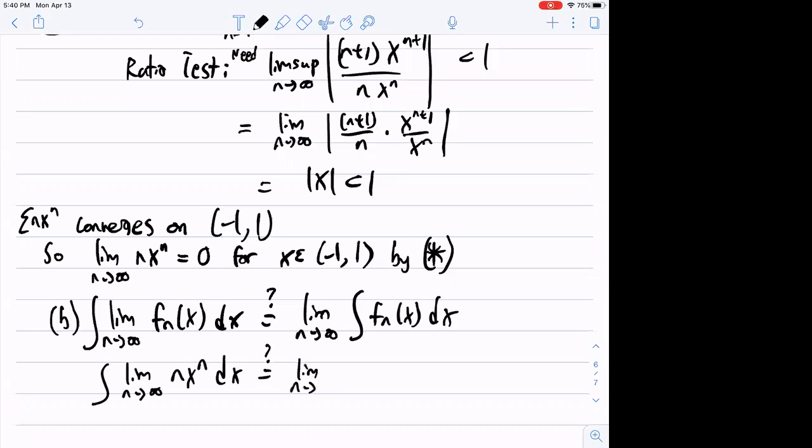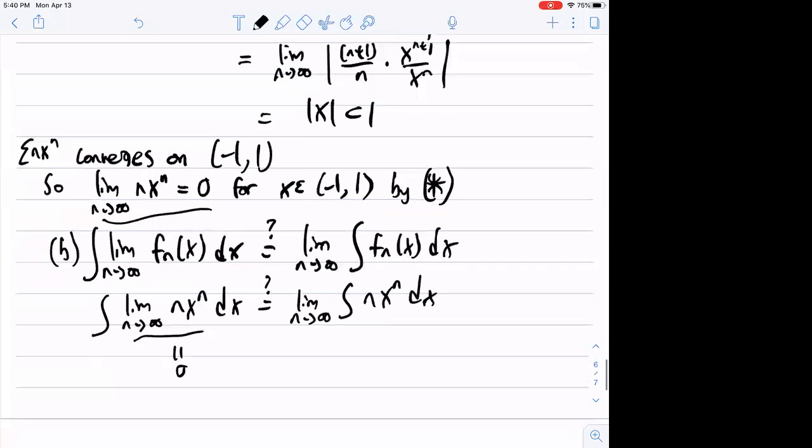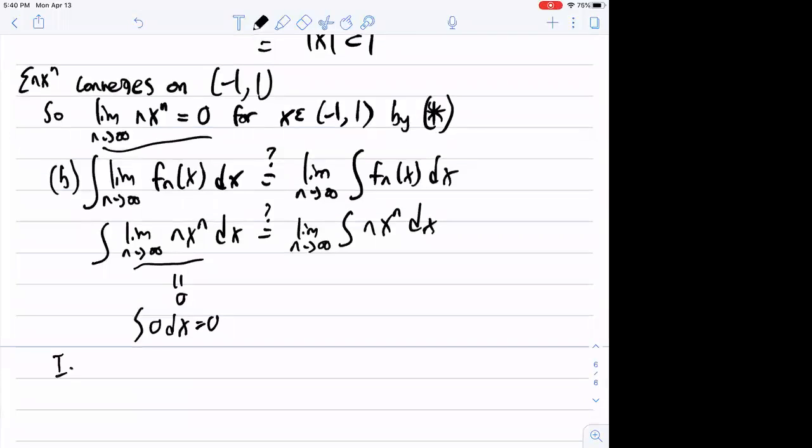And x to the n dx, right? Is this true? And we calculated this part, right? Like up here, it's 0. And integral of 0 dx is just 0, right? So the question is the right-hand side also 0?